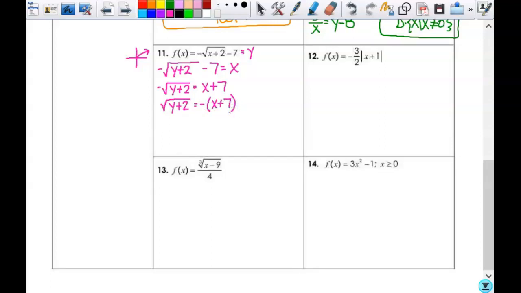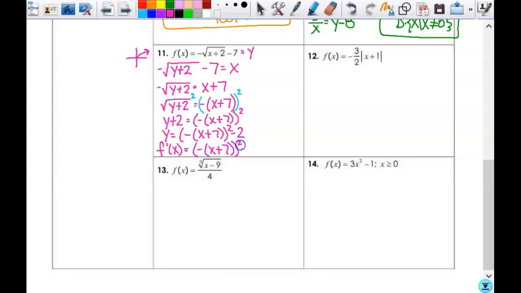I need to then square both sides to get rid of my square root. So this gives me y plus 2 equals negative parentheses x plus 7 squared. Then move my 2 over, so y equals negative parentheses x plus 7 squared minus 2. So the inverse of f of x is equal to this right here.